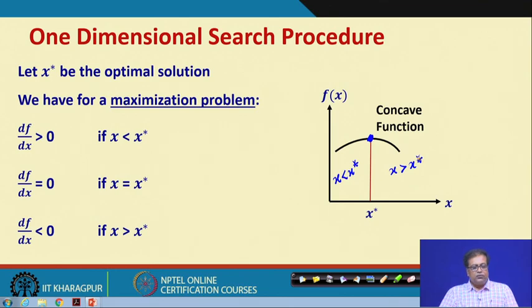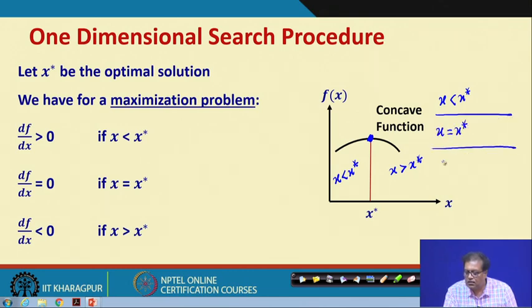So, what is your basic concept about, suppose I make a small chart, x less than x star, x equal to x star and x greater than x star. So, these are the three regions, right. Now, what is your comment on the slope?